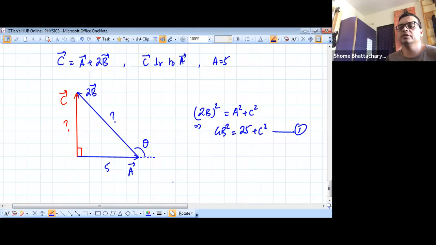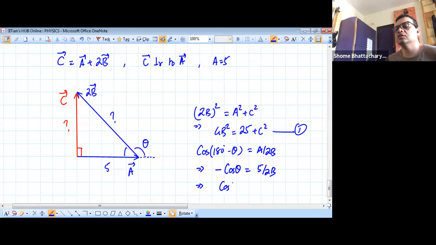That's the first equation we'll get. And the other equation we'll get is that this angle is 180 minus theta. So cos of 180 minus theta is A by 2B, or minus cos theta is 5 by 2B.